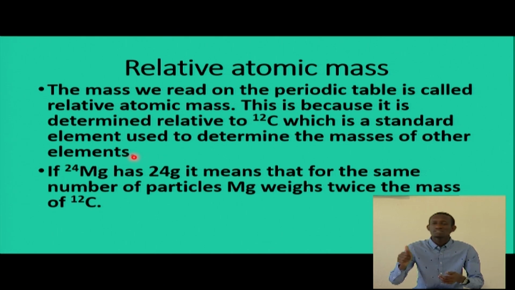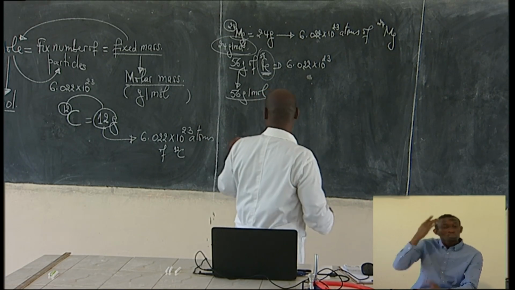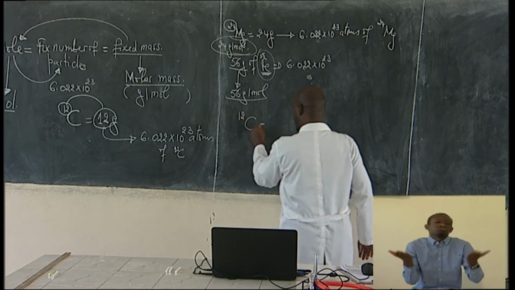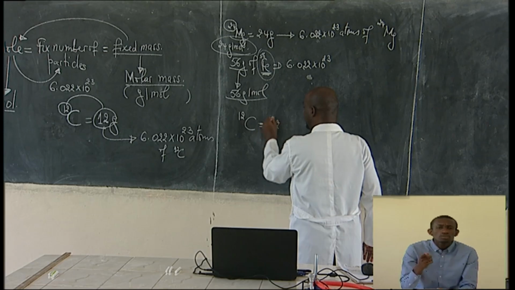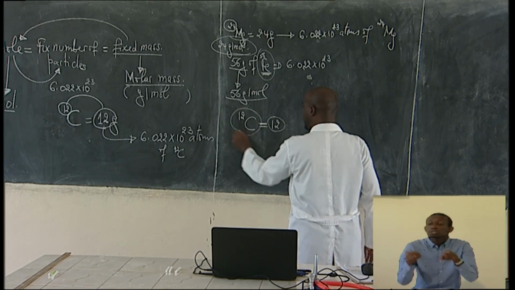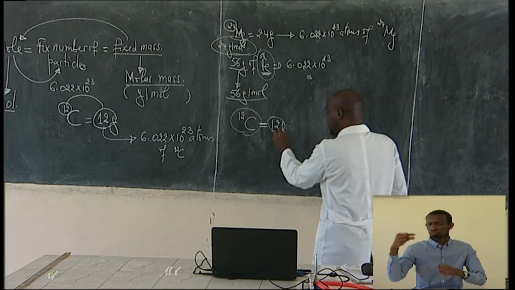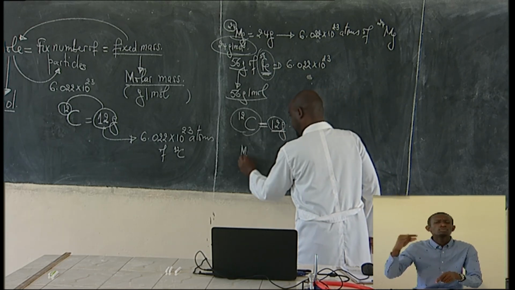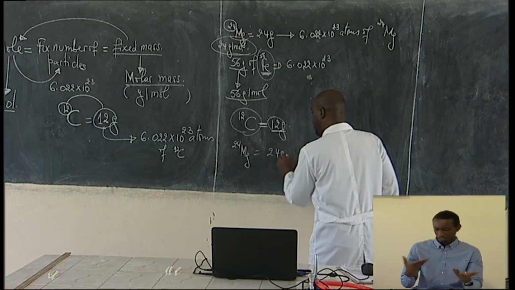So that is the reason why we call it relative. It is relative to the mass of carbon-12. For example, when you take carbon-12, which has 12 grams, and you measure the same volume of magnesium, you find it to have 24 grams.